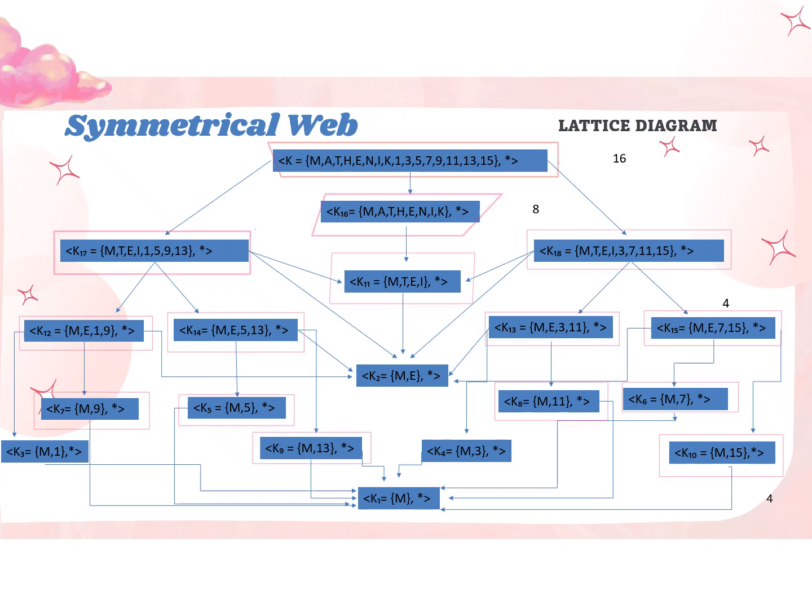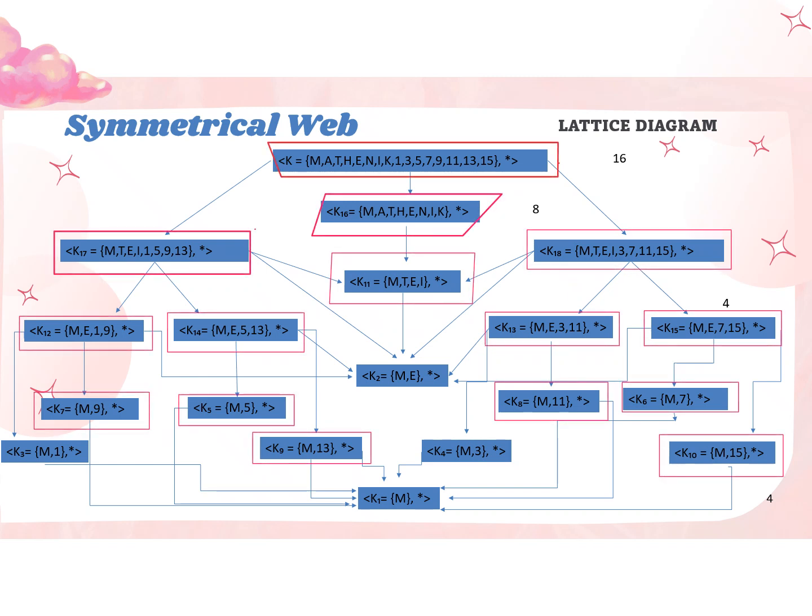Also the case of 5 containing the elements M and 5 under the binary operation. Also the K sub 3 containing the elements M and 1 under the binary operation.